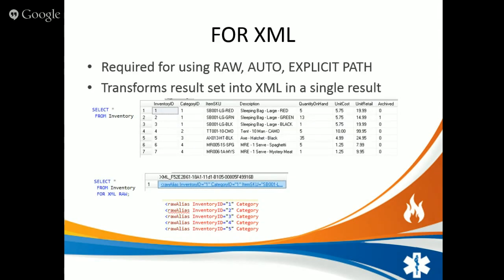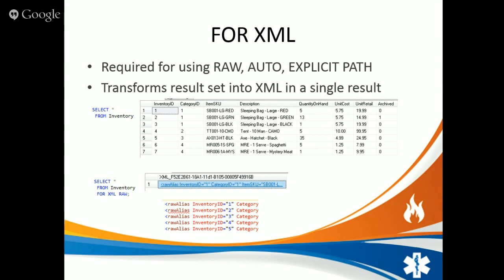All right, so FOR XML is required when you want to use raw, auto, explicit, or path. What it does is transform your result set into a single or multiple XML nodes.